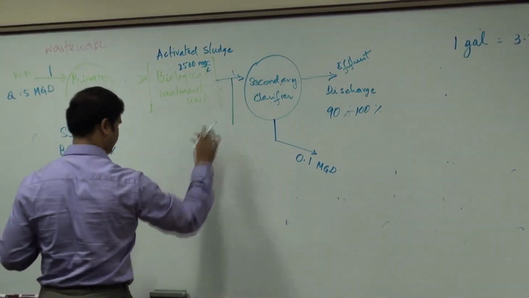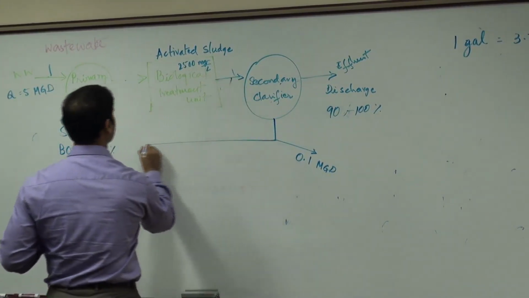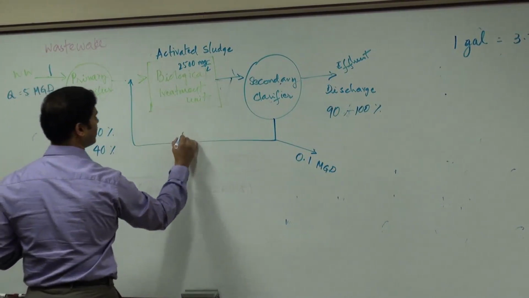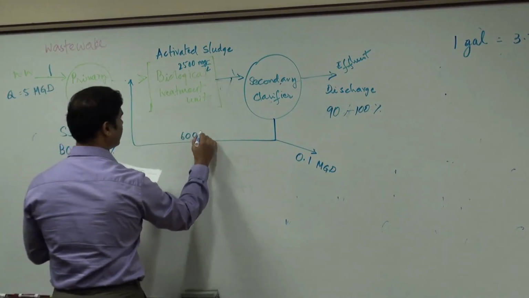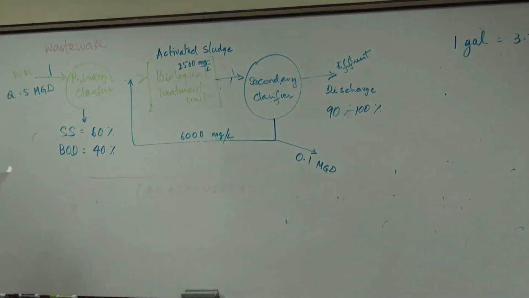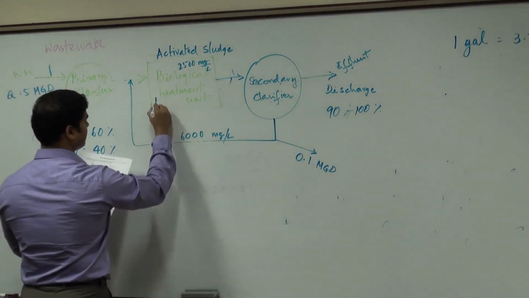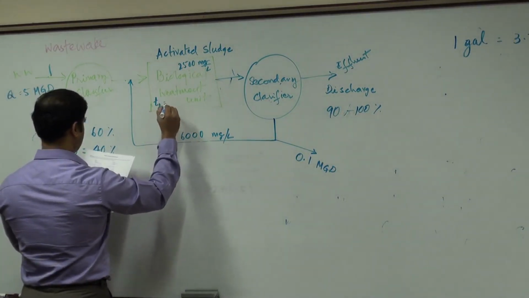Then there is a return activated sludge concentration of 6,000 milligrams per liter. That's return sludge. Then the aeration basin detention time is 10 hours.